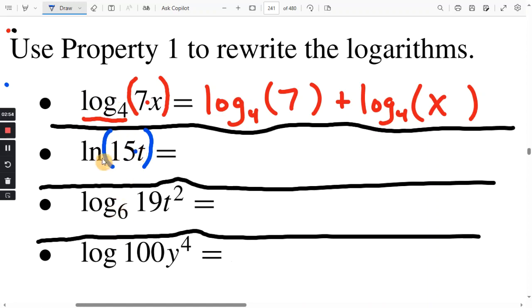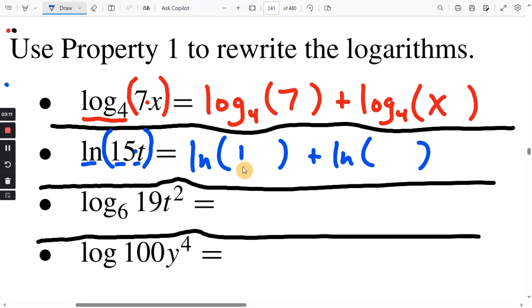So here we had log base 4, here we just have ln. So I'm going to write ln and leave some parentheses, plus ln and leave some parentheses. All right, in the parentheses here we have 15 times t. So I'm going to write 15 here, and I'm going to write t here. Done.